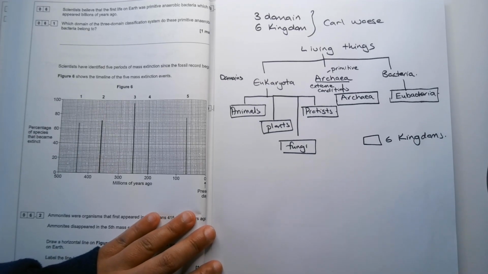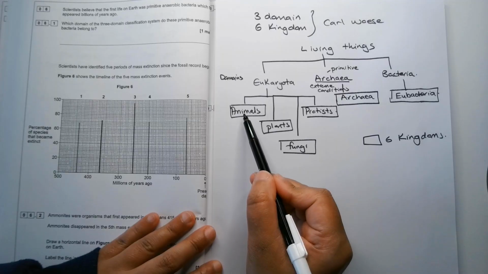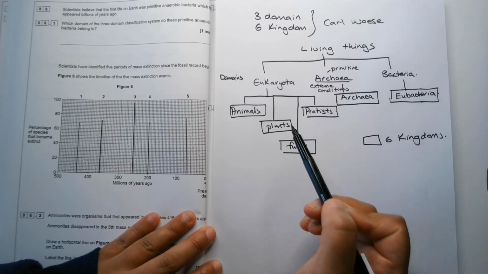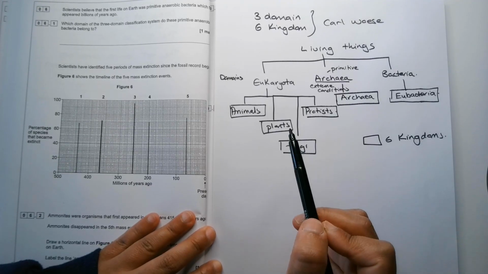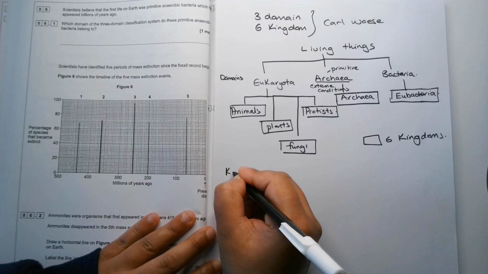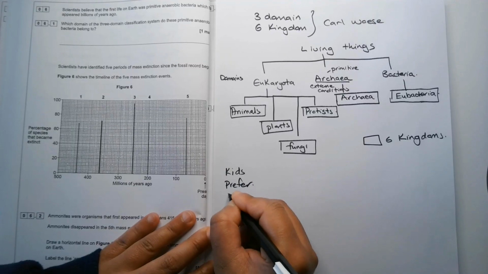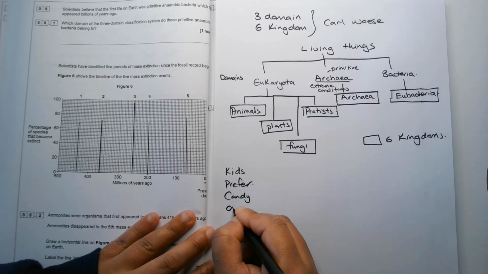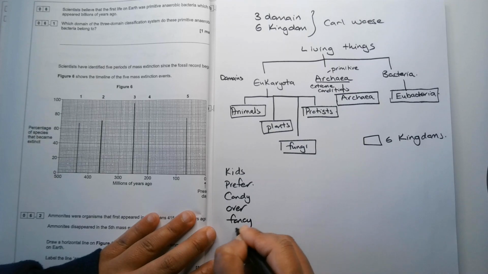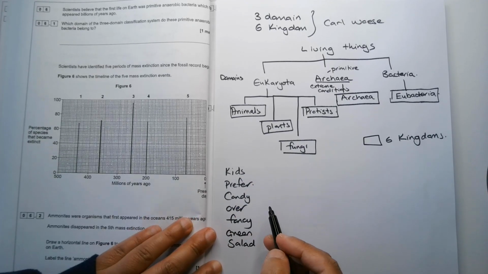And then Carl Linnaeus, remember around about 1700, your Swedish botanist, he came up with the classification system where you would look at each of these kingdoms and you divide it up even further. So what I say to my students is, remember this mnemonic: kids prefer candy over fancy green salad. Just remember this mnemonic.